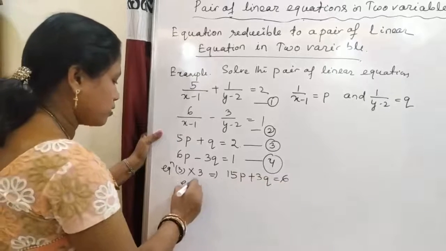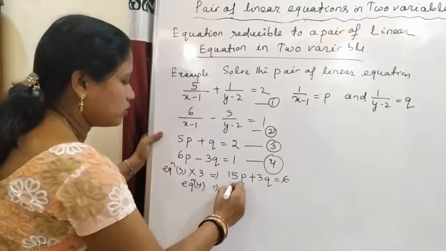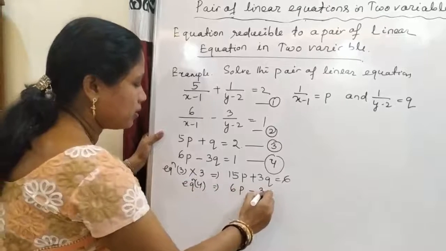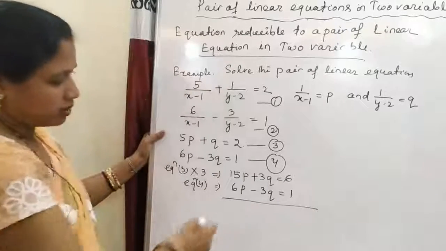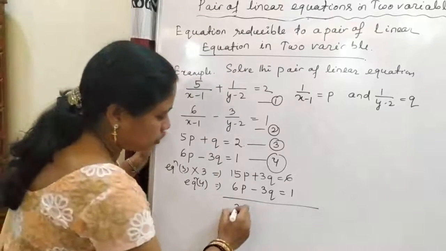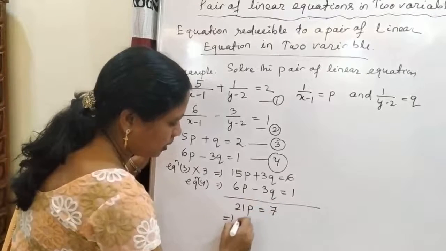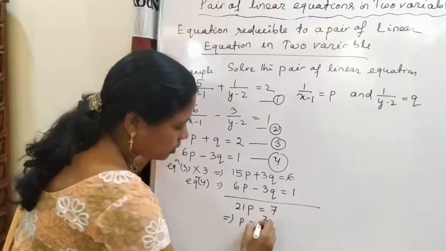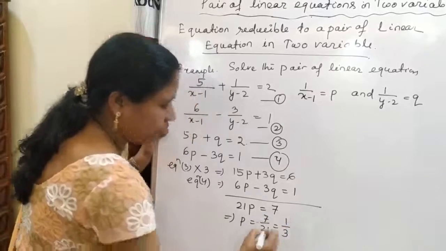And equation 4 is 6p - 3q = 1. Then I will add. So this is 21p = 7. So this implies p = 7/21, which is equal to 1/3.